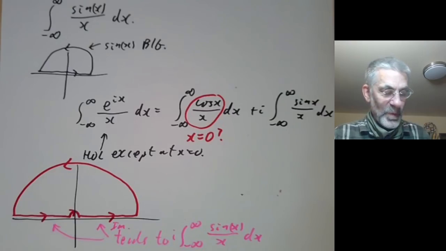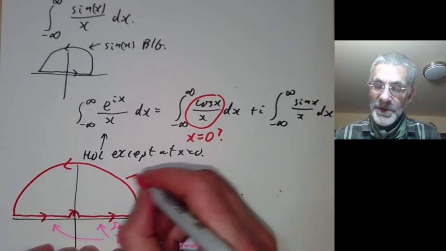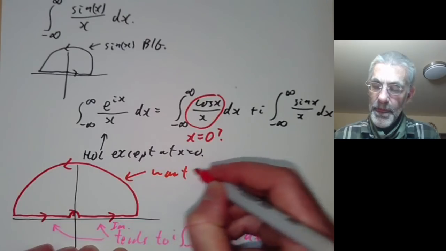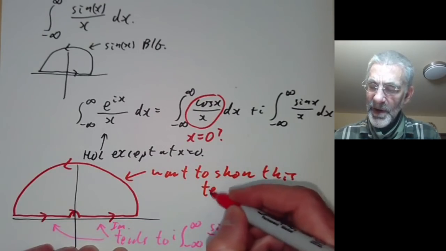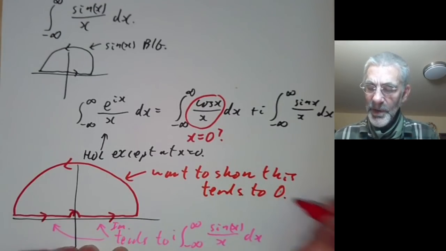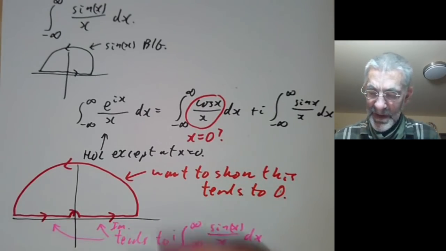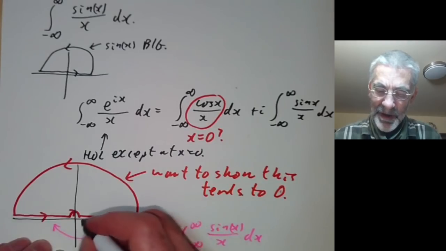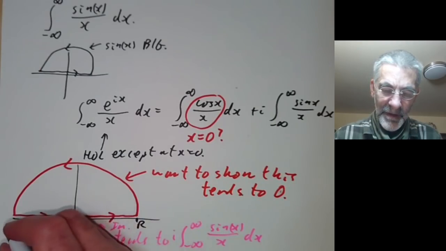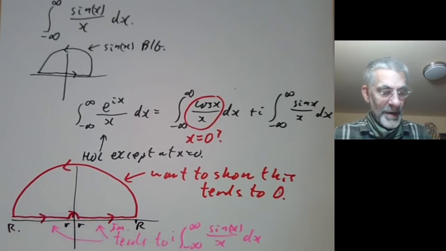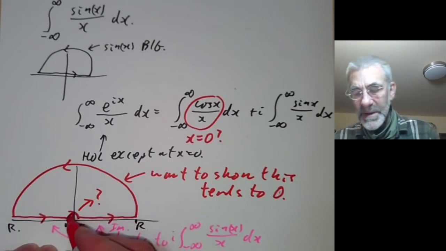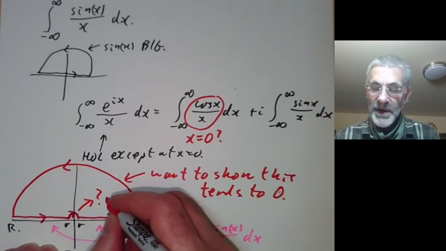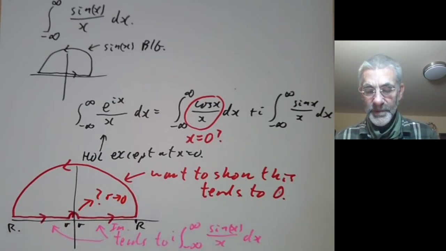So what we've got to do is we want to show that this circular part tends to 0. So let's say that this circle is radius big R and this circle is radius little r. And the other thing we want to know is, what does this little circle tend to as r tends to 0?